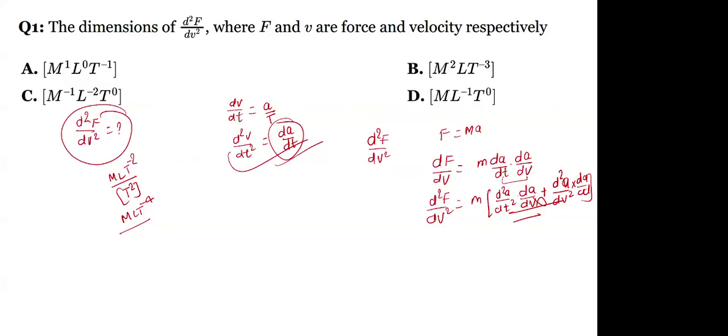What is dV? dV is LT to the power minus 1, and dV square means 2 times differentiation with time, so it becomes LT to the power minus 3. If you divide, L and L will cancel out, and we get M L0 T to the power minus 1. So this option is the correct one.